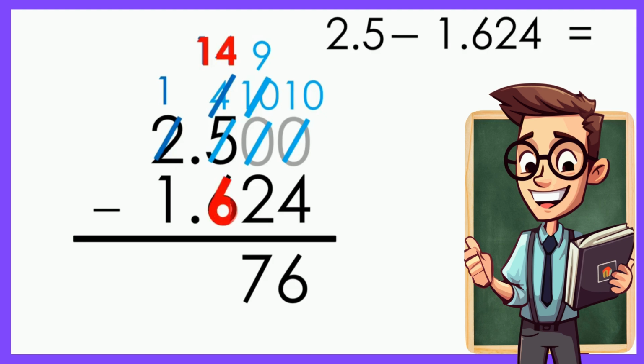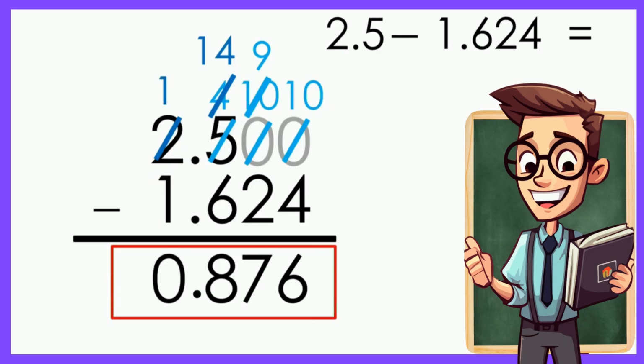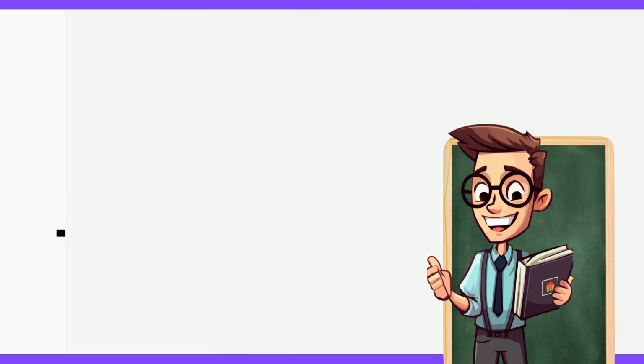Now we can subtract. 14 minus 6 is 8. Next, we copy the decimal point and make sure it's aligned. Lastly, we have 1 minus 1, and the answer to that is 0. So the final answer is 0.876. Here's a quick summary of the steps to subtract decimals.